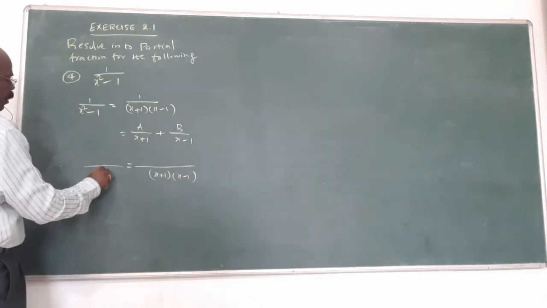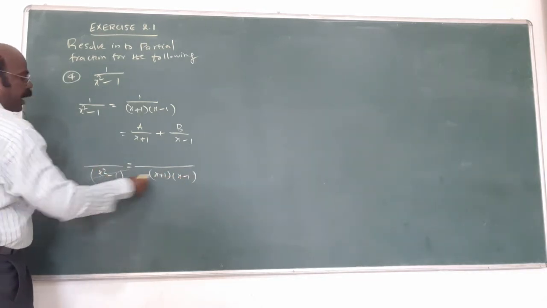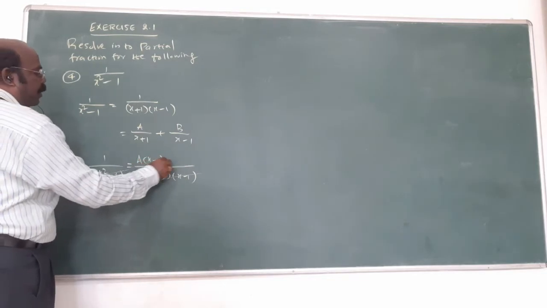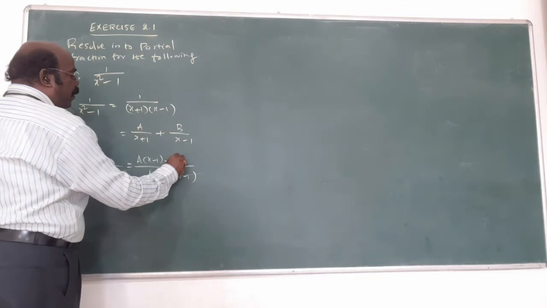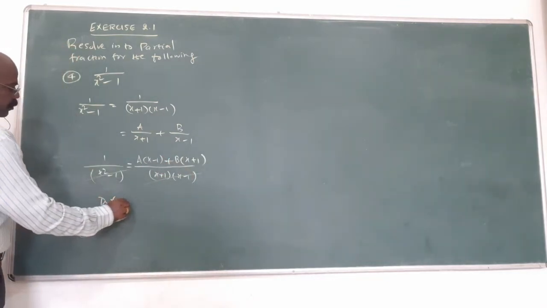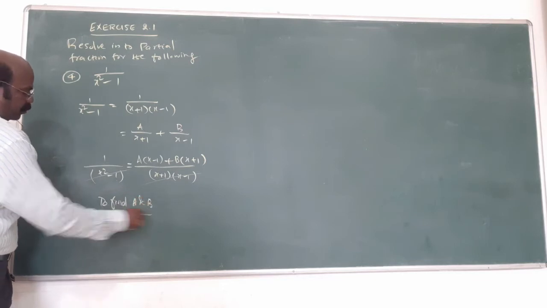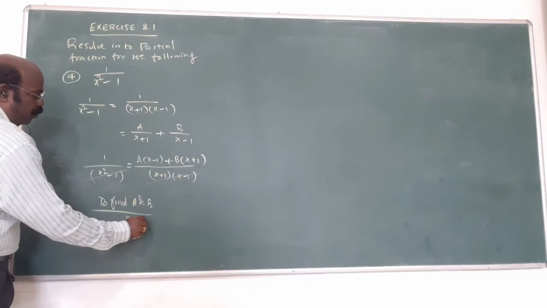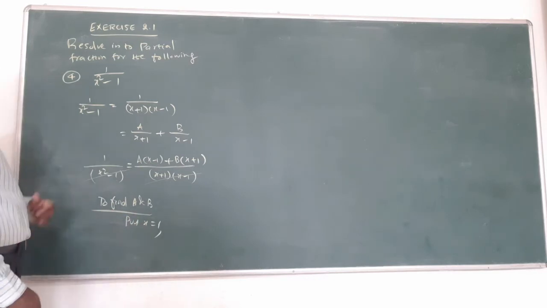This will be equal. Look at that. Cancel. Now cross multiply: a into x minus 1 plus b into x plus 1. Am I right? To find a and b, inside that is what? x minus 1. That's why x equal to 1. Replace x by 1.